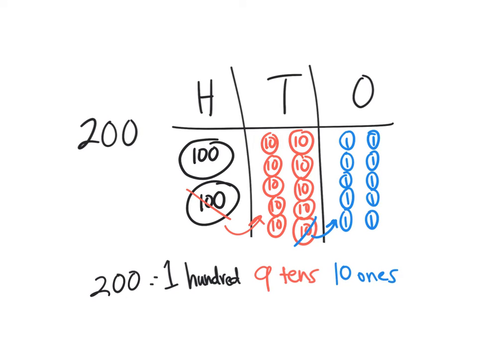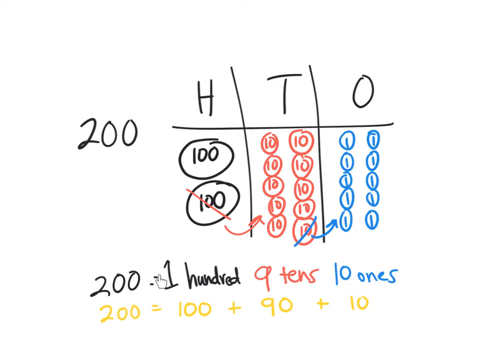Okay, if I were to write this out as an equation, it would look like this. 200 is equal to 100 plus 90 plus 10. If I were to add all these up, 10 plus 90 is 100, and 100 plus 100 is 200. So even though I broke it down, it still all equals 200.